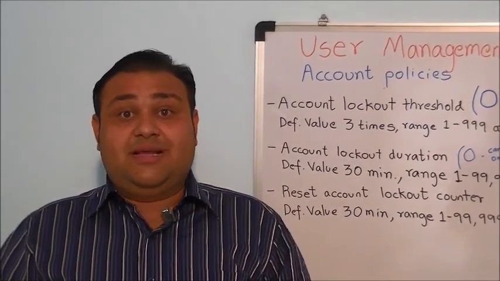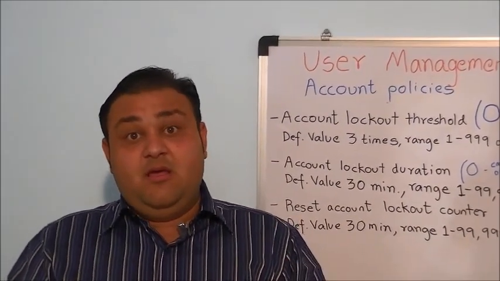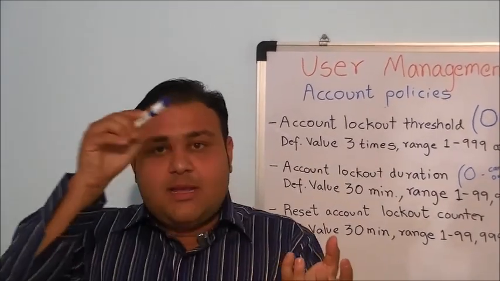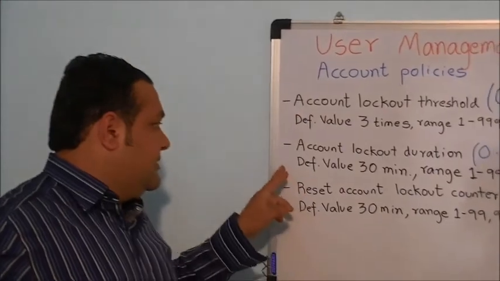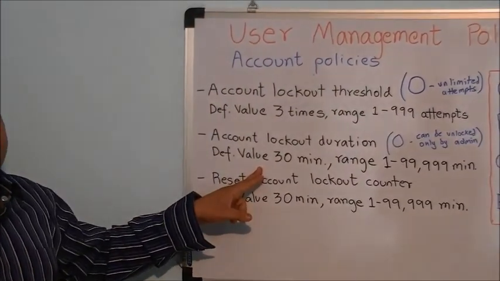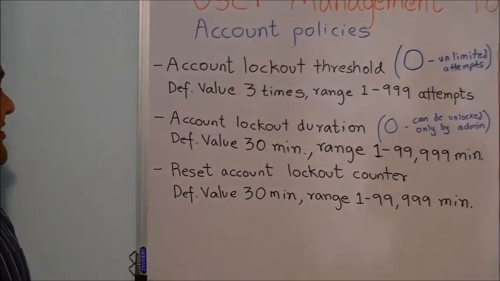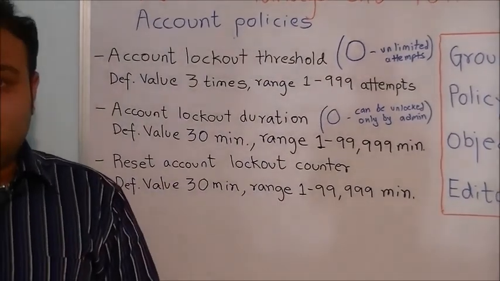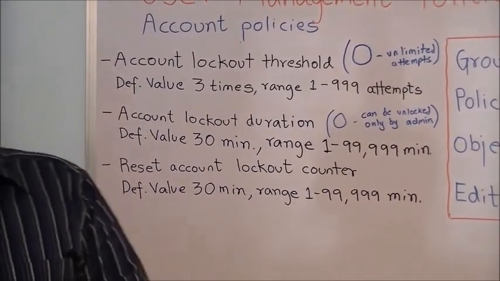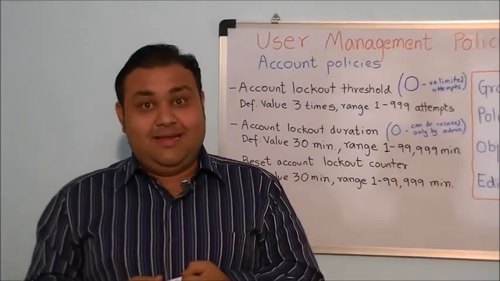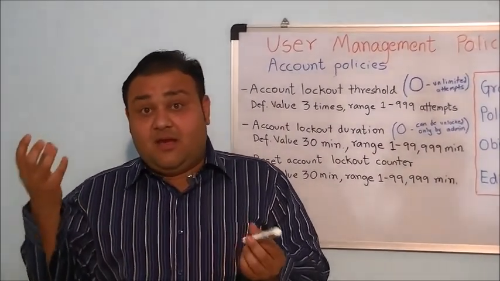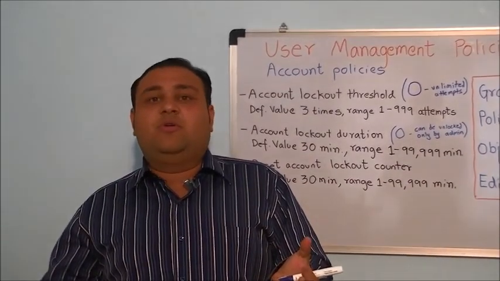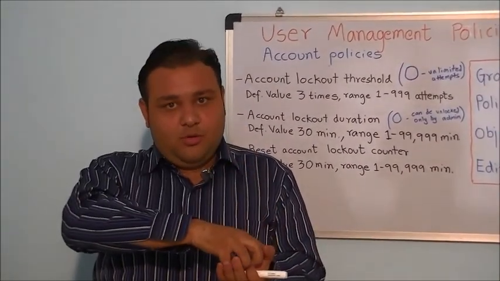If his account gets locked at 12 o'clock, how long it will remain locked is determined by this particular policy. The default duration is 30 minutes, which is set in the server. So if the account gets locked at 12 o'clock, it will remain locked till 12:30, and after that the account will come out of lockout mode back to normal mode.